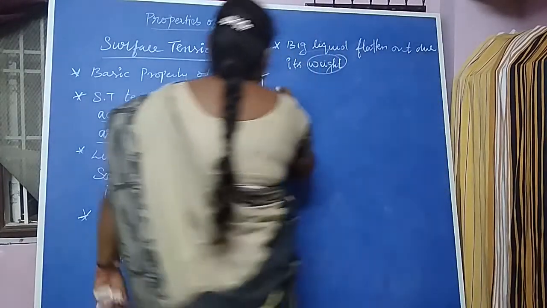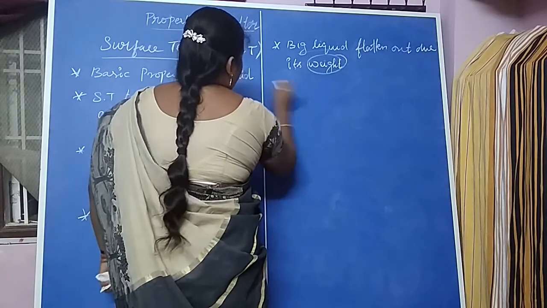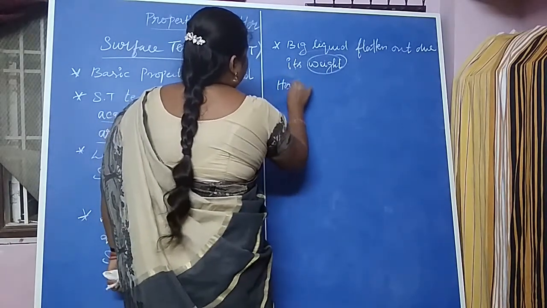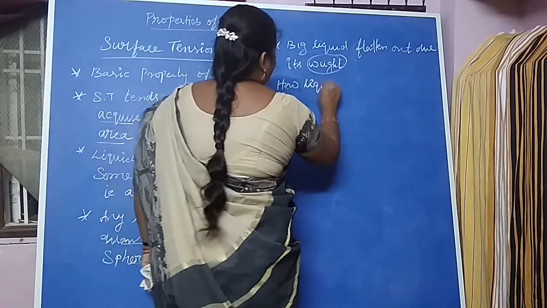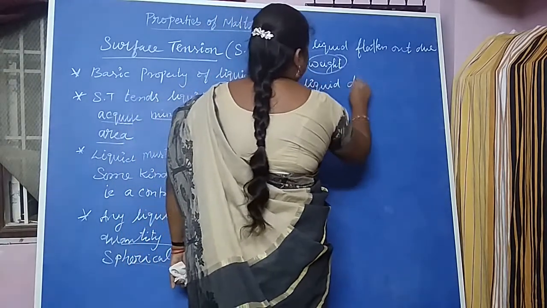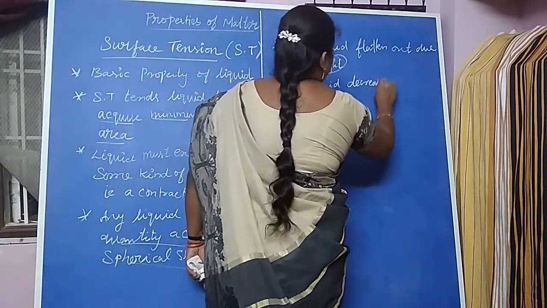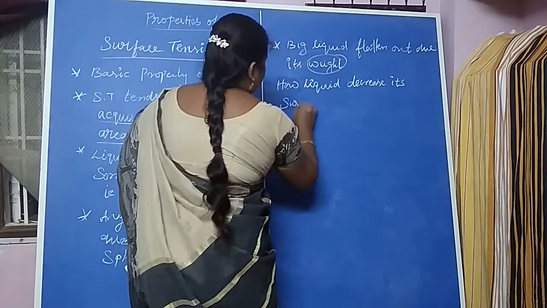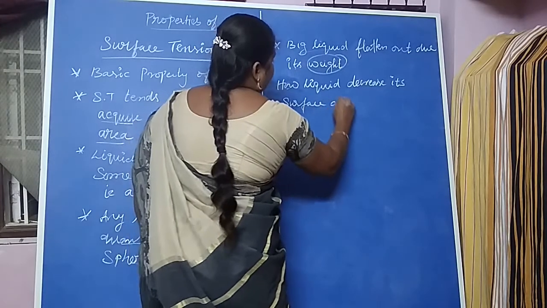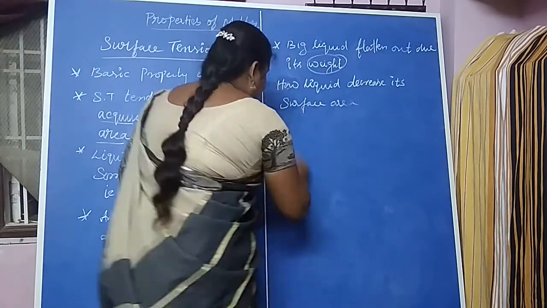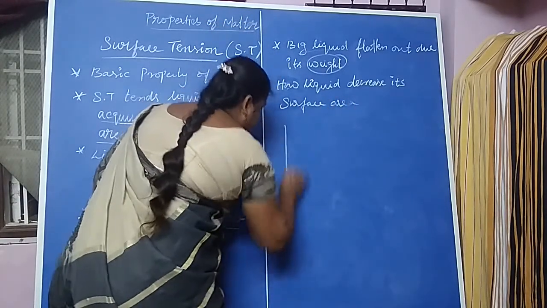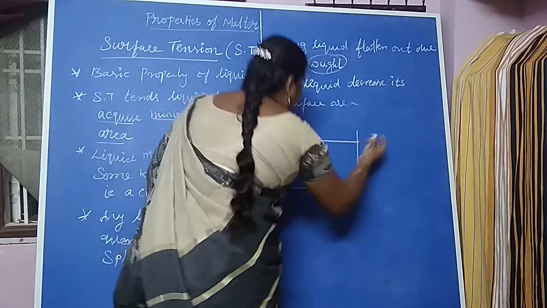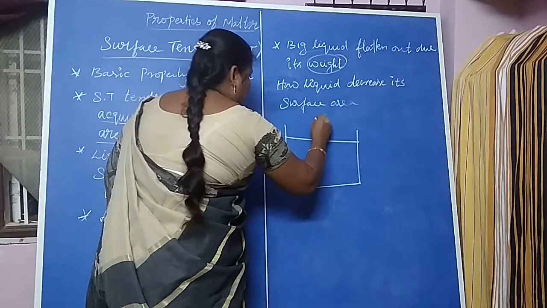Let us see an experiment on how the liquid decreases its surface area. Consider a liquid tank in which we dip the brush.